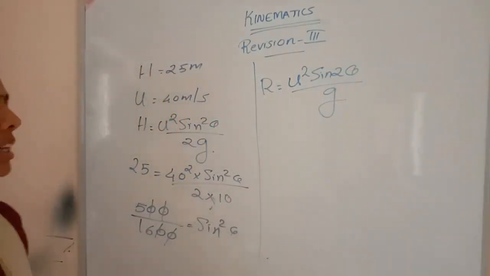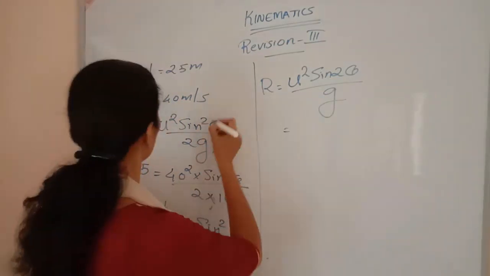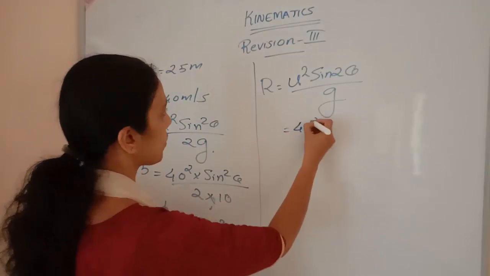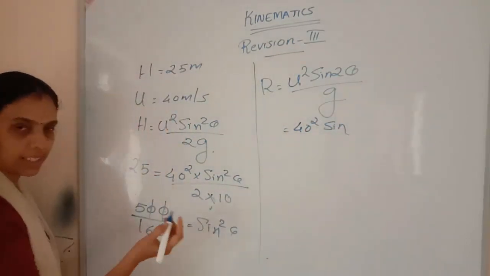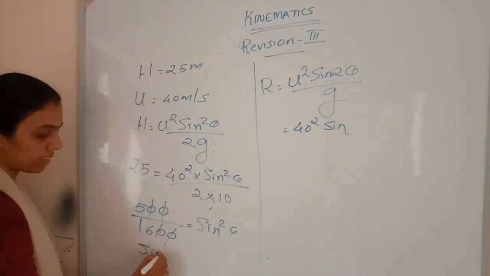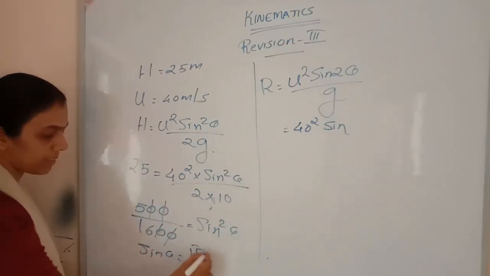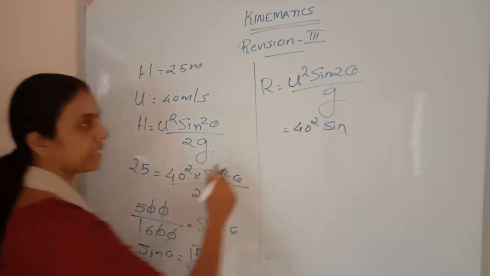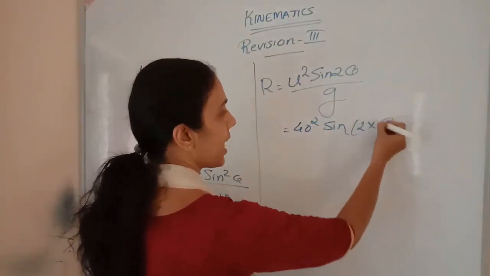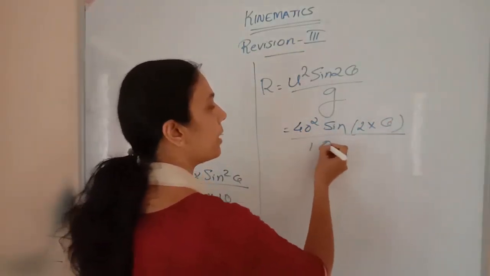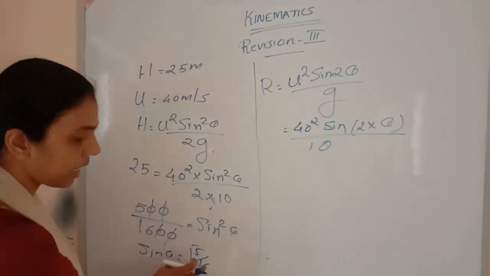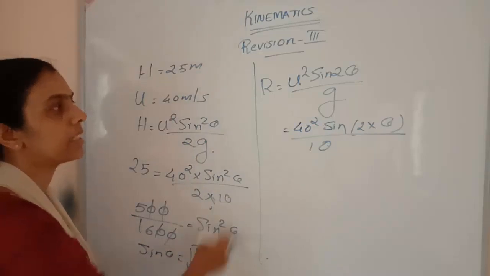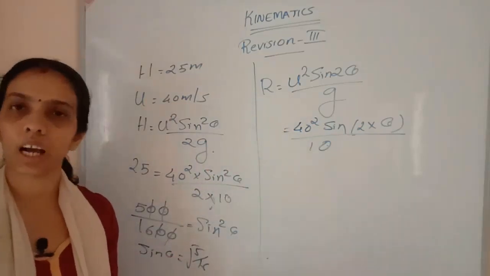So here you will be getting the angle, and there you can use your calculator, root of 5 by 60. How much you are getting? 2 times that angle you should take and divide by 10. So you can find out the angle. First you should find out the angle from the maximum height, then you can go for the range, R value.